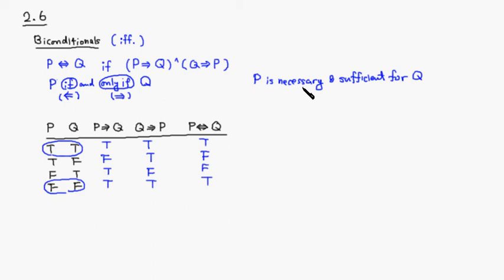So necessary, right? P is needed for Q to happen. So if Q happens, P should be there. So the implication is actually this way, Q implies P. And sufficient means that P is enough to make Q happen. So P implies Q. Right? Those are the implications. All right?